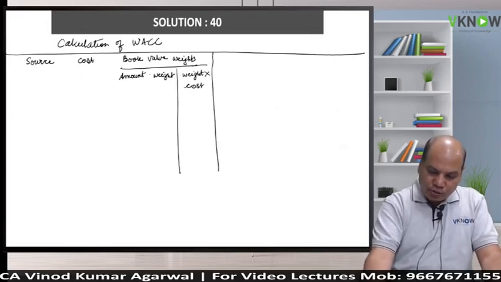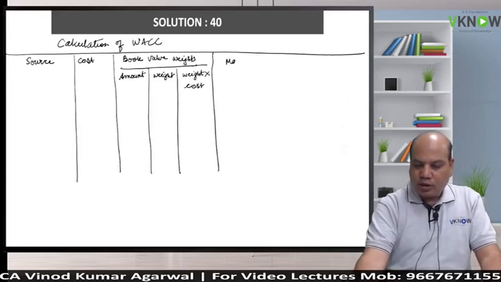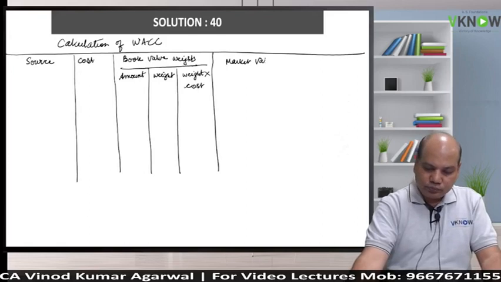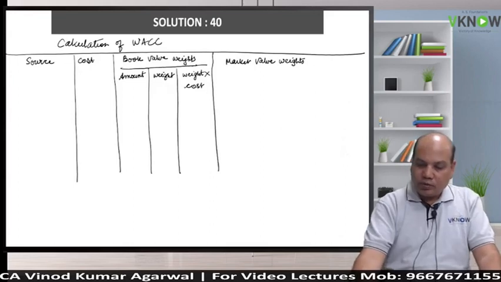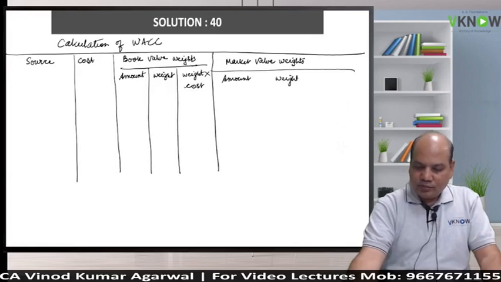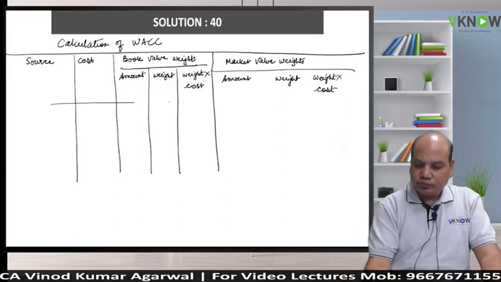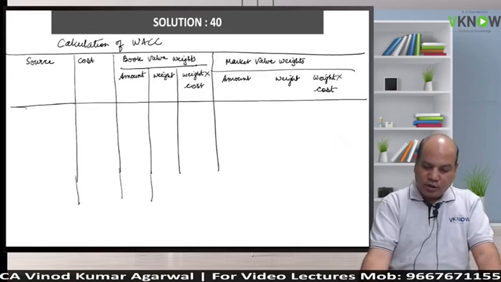If you want to prepare 2 separate tables, you can do it. And then write market value weights, 3 columns again: amount, weight, weight into cost. Cost column is common for both. Keep one line blank when you write the source.